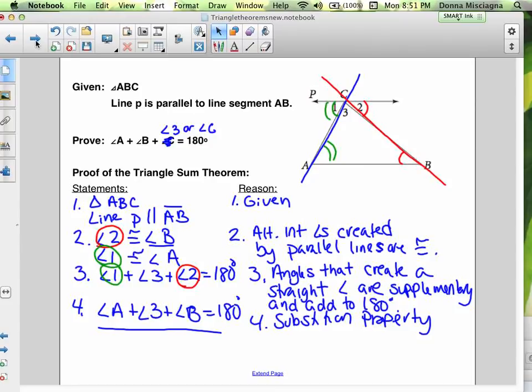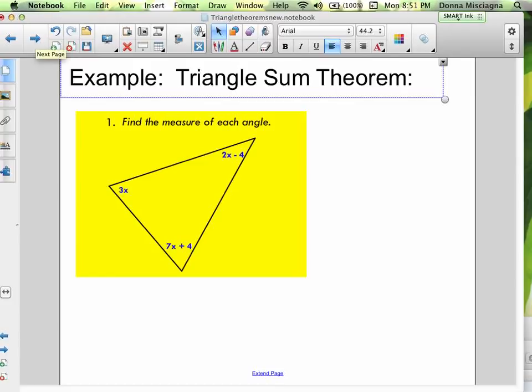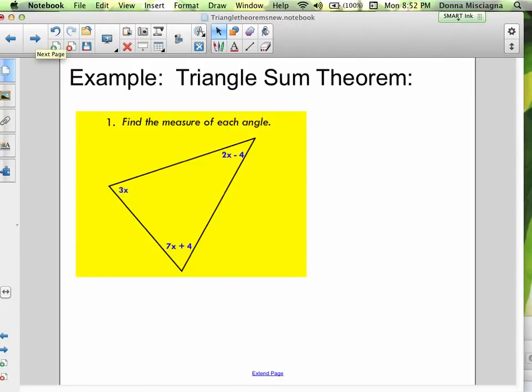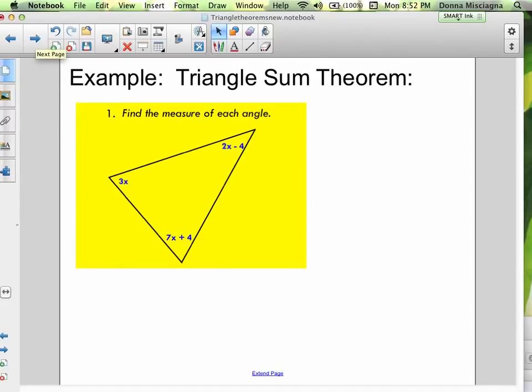Okay? So now let's do something with that, and you have these problems in your notes. I'm going to do 4 problems. These were a little harder than some of the ones that we did earlier in the year when we first talked about the triangle sum theorem, before we proved it. We want to find the measure of each angle in our triangle here, and we know that those angles add up to 180 degrees, right?